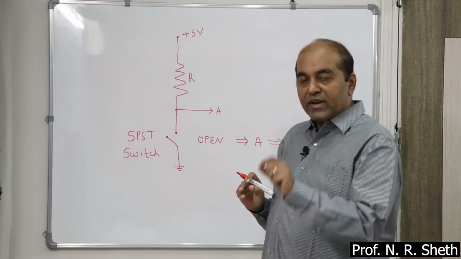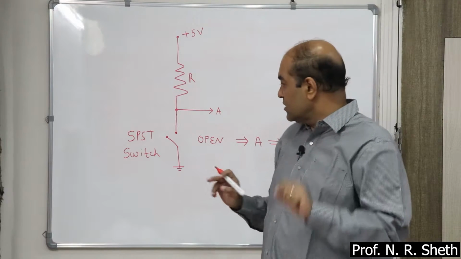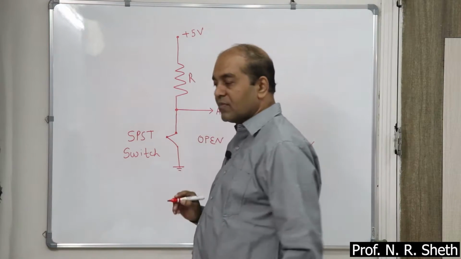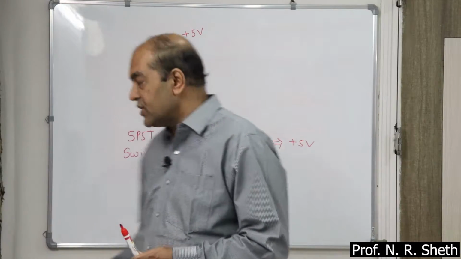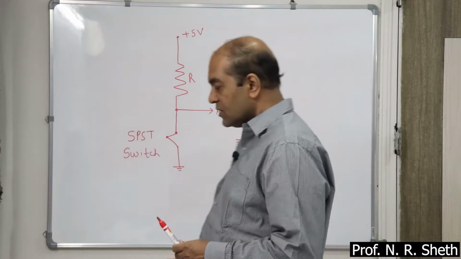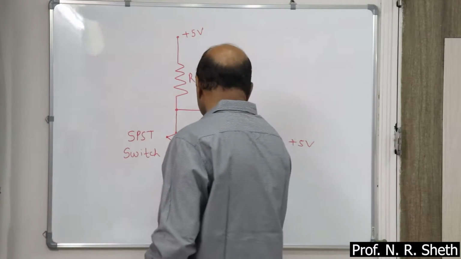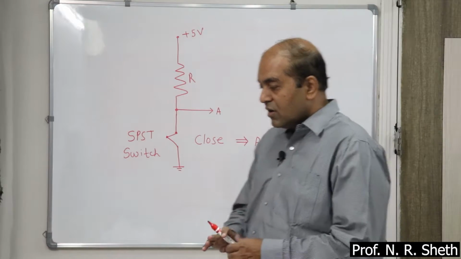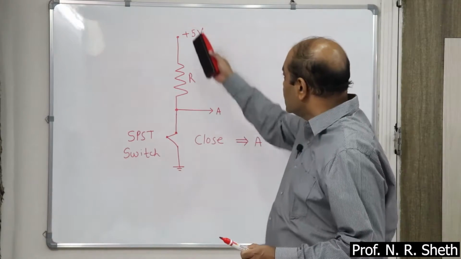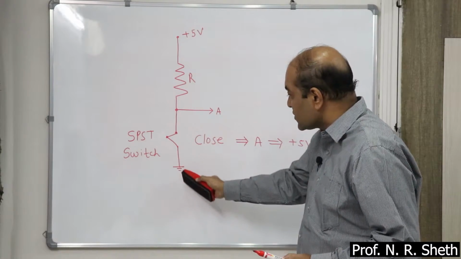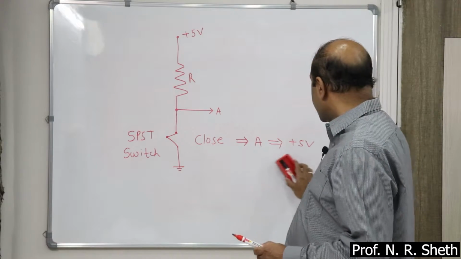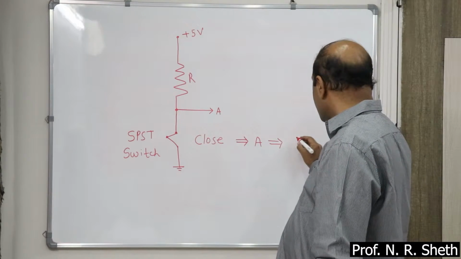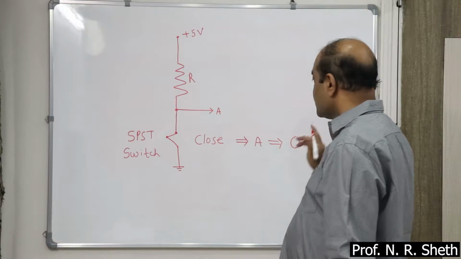Okay. Now when anyone presses the switch, there is a contact between these two, and that situation is said to be the closed condition. When the switch is closed, at that time this plus 5 volt reaches ground. So that means potential at point A is 0 volt.